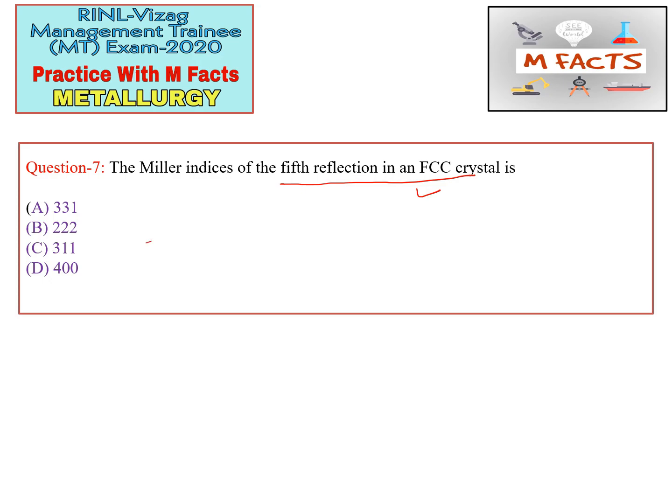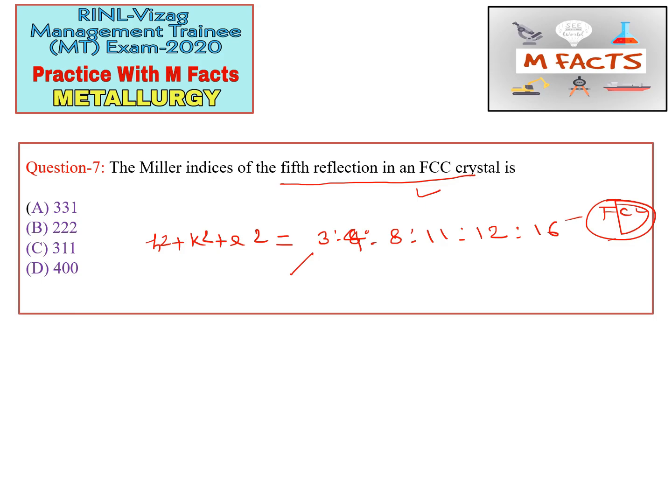We know the h square plus k square plus l square ratio for FCC crystal structure is 3 is to 4 is to 8 is to 11 is to 12 is to 16. Now here we can see the first reflection is 111 Miller indices.